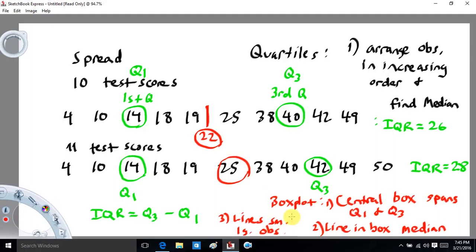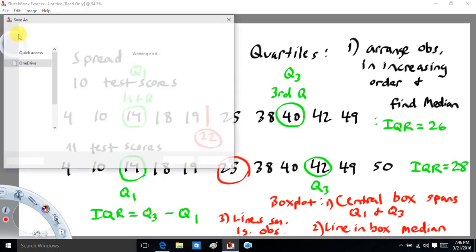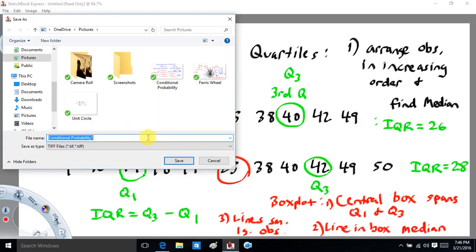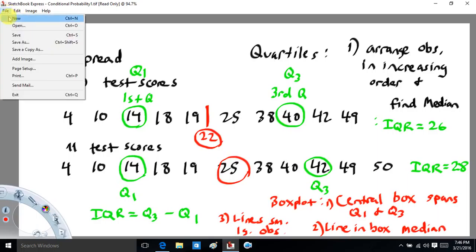So why don't we use this data to do a box plot? So I'm going to save this right here, and then I'm going to do a new one.